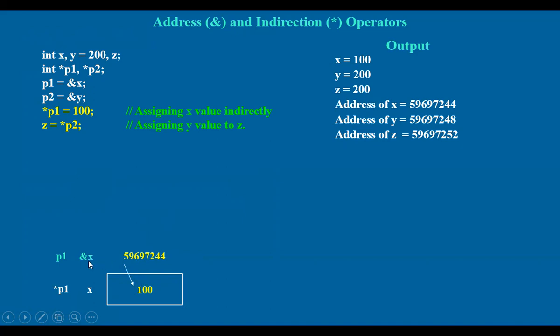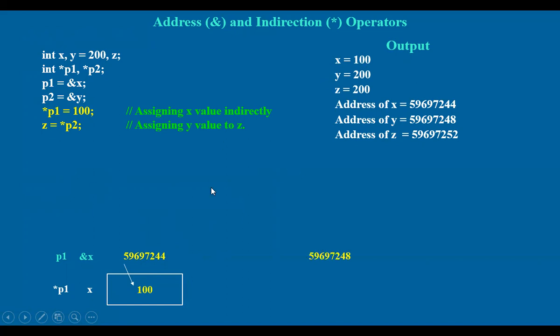Ampersand X and P1 are the address of this variable X. The pointer P1 or the address of X both mean the same and give this address. Whereas X or star P1 will give you the value here. So star P1 is assigned with 100. That's why X has taken 100 and X is displaying 100 here.